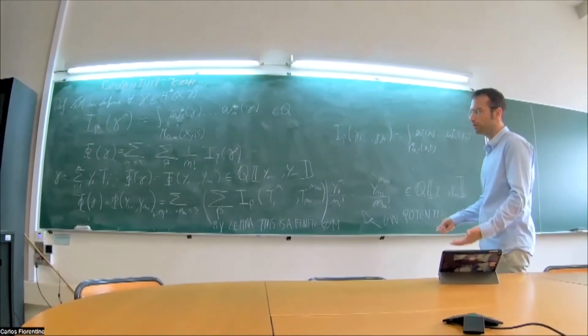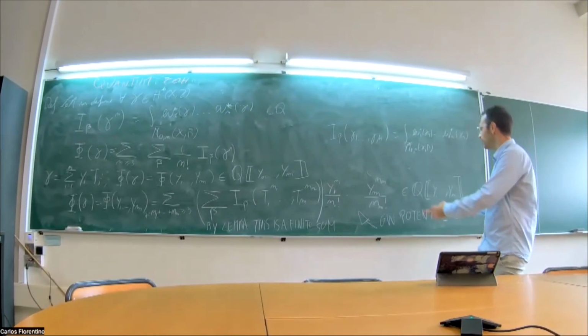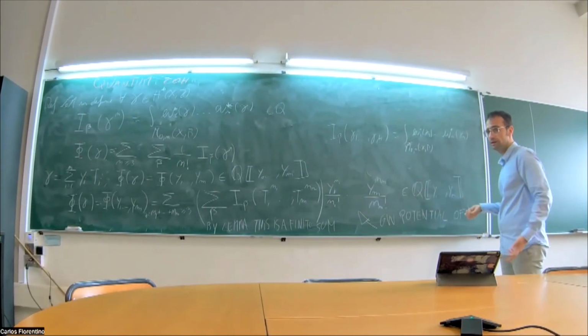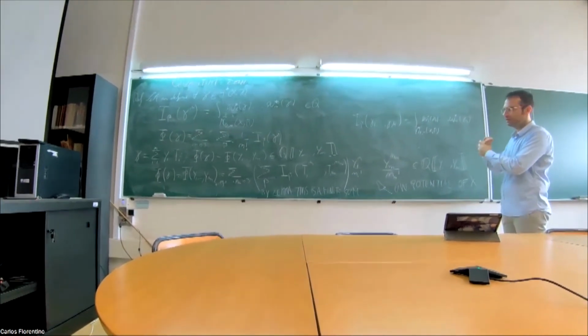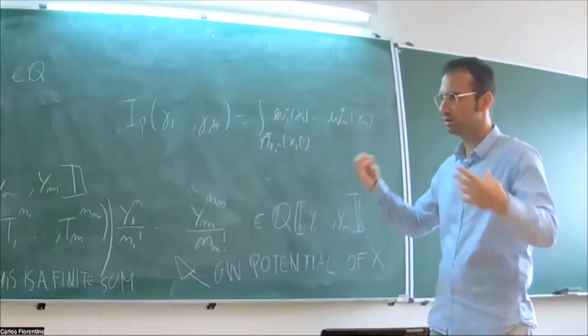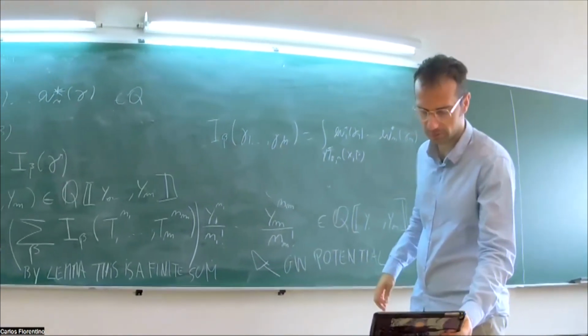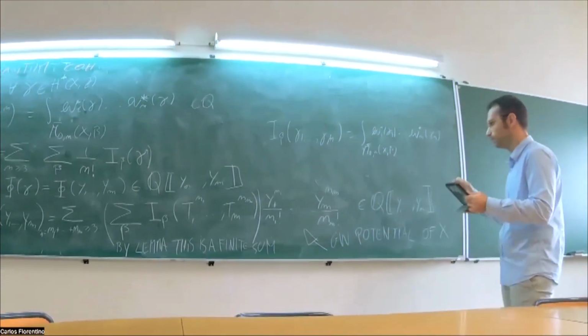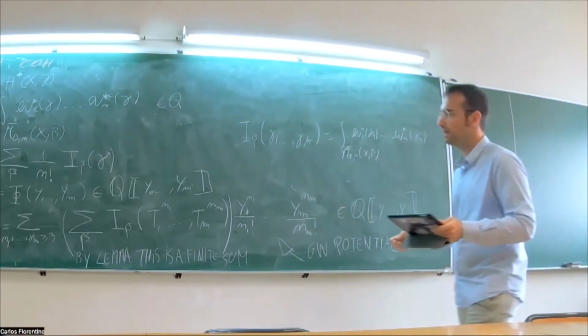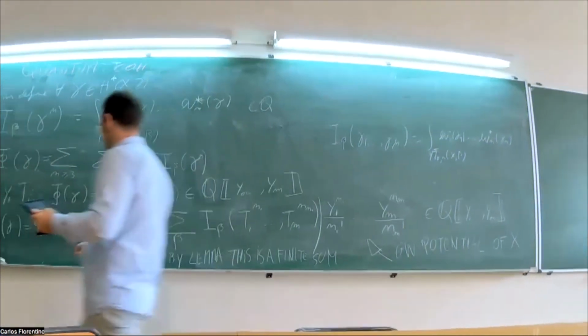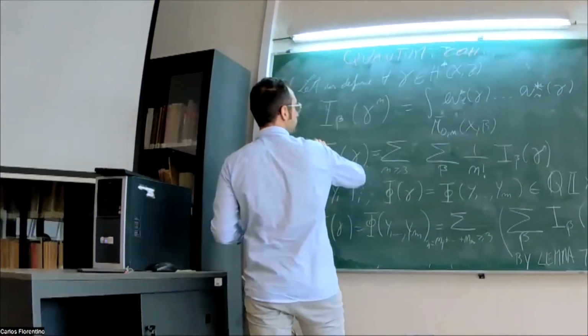So the Gromov-Witten potential is an element of this ring, that is one of the two rings that we use to define our quantum homology. So let's end with an important definition.